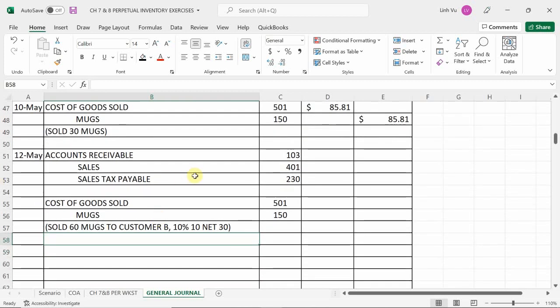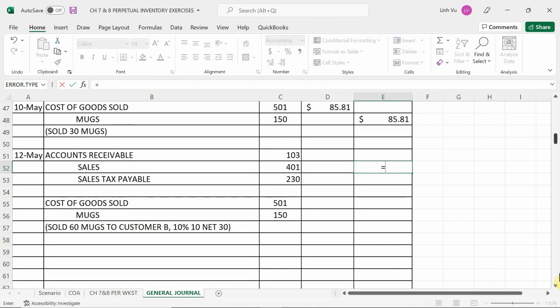So in this case, if we sold 60 mugs at $10 each, we get a grand total of $600, right? And we need to charge the tax to be 8.25%, which should give me a total of $49.50.